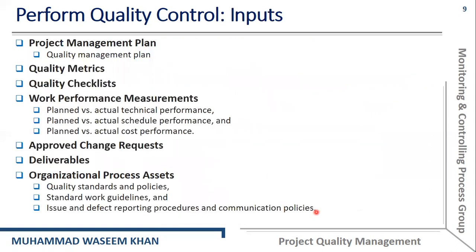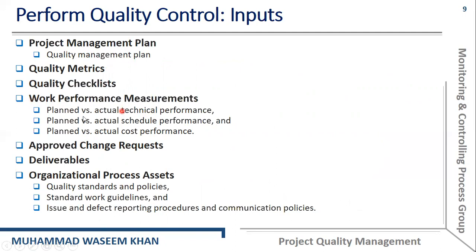Most of the inputs have already been discussed, so we are not going to discuss those inputs. The project management plan is an input, and in the management plan, we have to focus on the quality management section, which is a subsidiary plan of the project management plan.